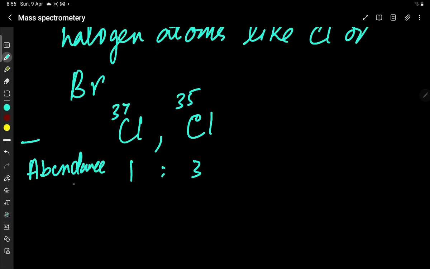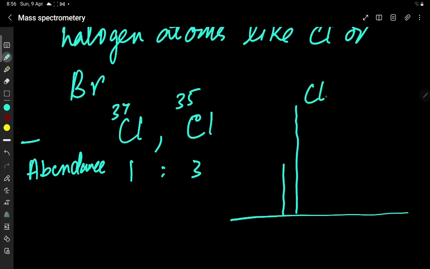If the peaks on the mass spectrum look like this, this is chlorine 35 and this is chlorine 37. If two peaks are like this in the mass spectrum, it will definitely be chlorine.